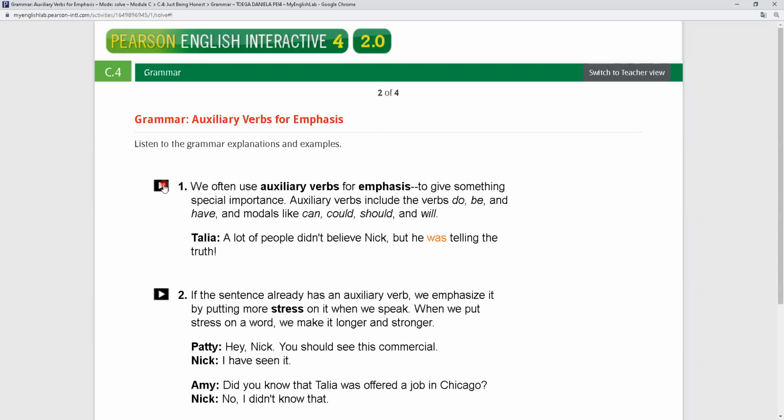A lot of people didn't believe Nick, but he was telling the truth. Ok, este was telling the truth no es un verbo para enfatizar, es parte de una conjugación verbal, porque tenemos la ing, el tiempo verbal también corresponde con el pasado, entonces estamos hablando del pasado continuo. Acá no se está utilizando ningún verbo para enfatizar.